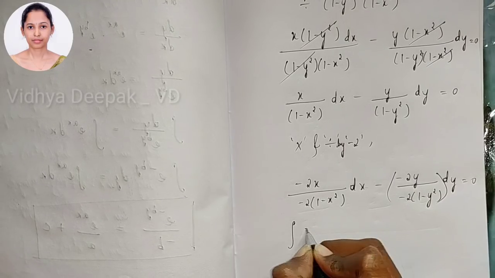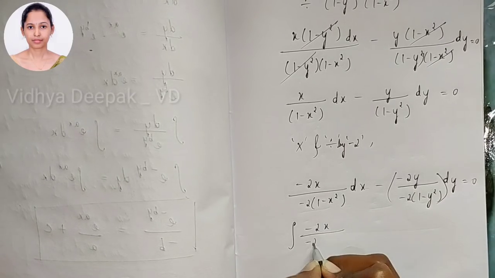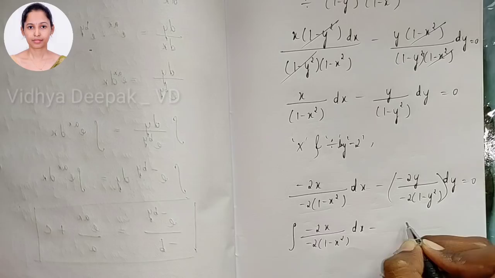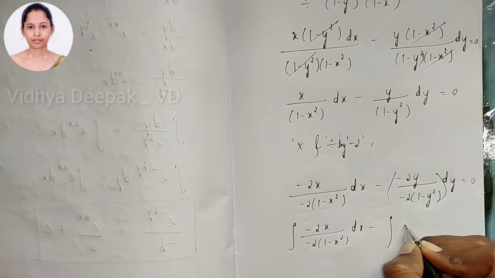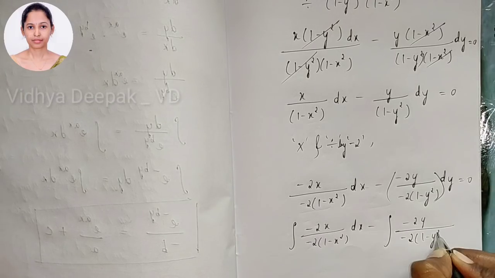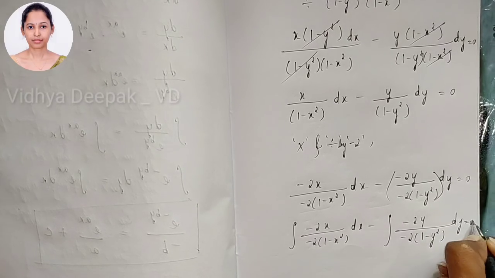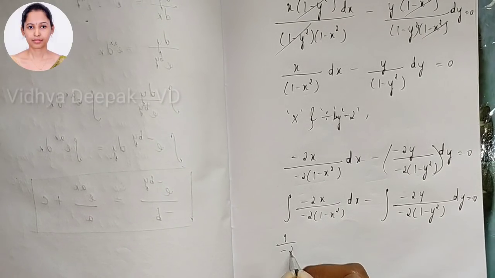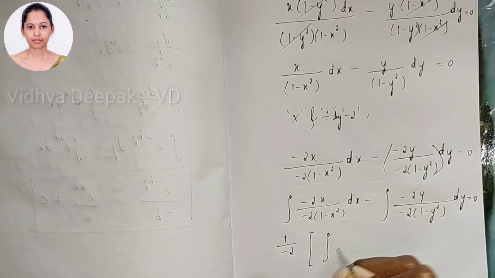Now integrating on both sides, what do you have? The integral of −2x divided by −2(1 − x²) dx minus the integral of −2y divided by −2(1 − y²) dy is equal to 0. Here I'll take 1/(−2) common outside. So what is remaining?